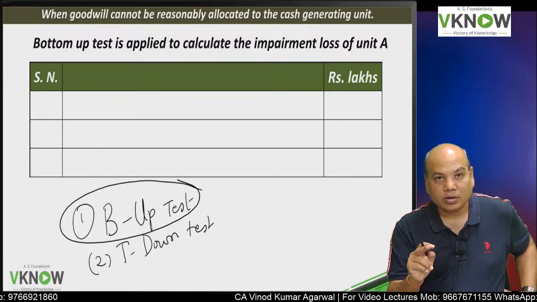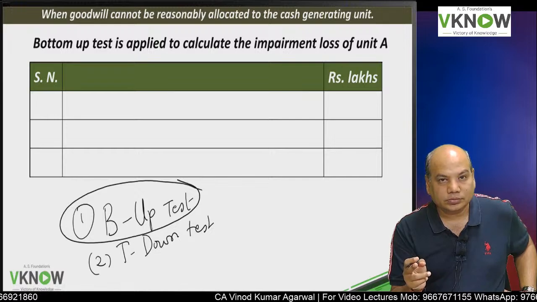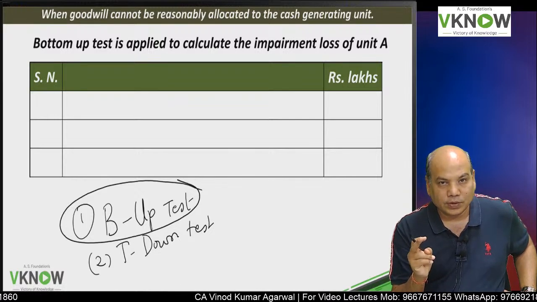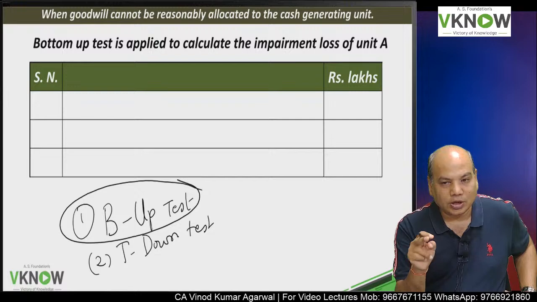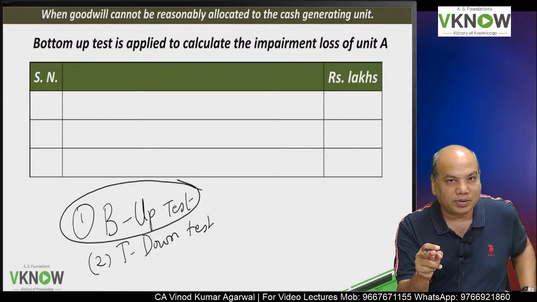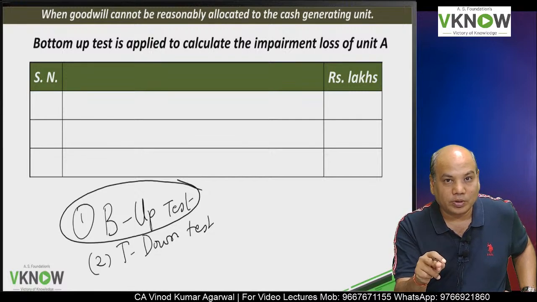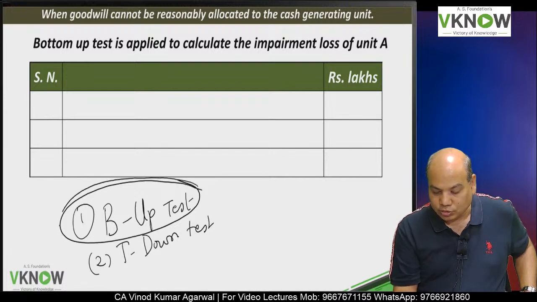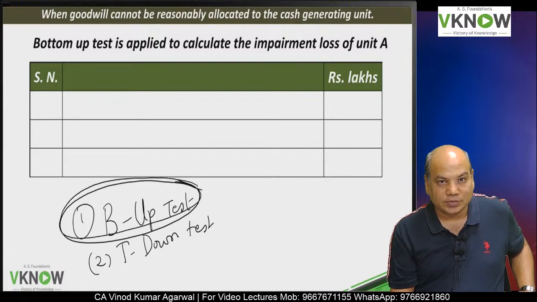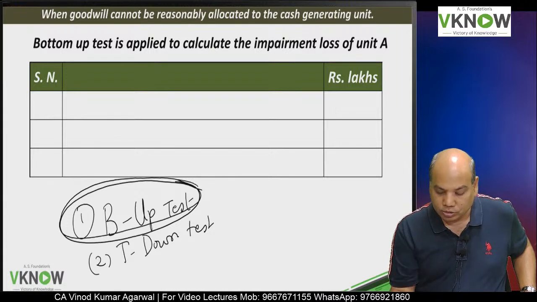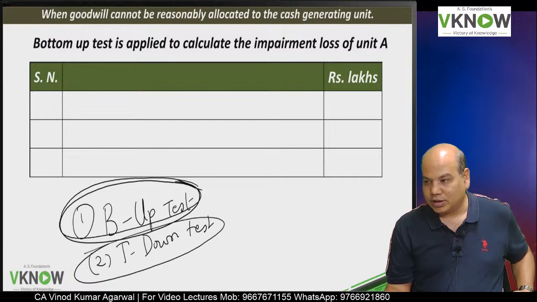Bottom up test will be performed in both the scenarios. If goodwill can be allocated, allocate goodwill and then apply impairment testing. If goodwill cannot be allocated, then also perform bottom up test, and after performing bottom up test, you will perform top down test. Is it right?